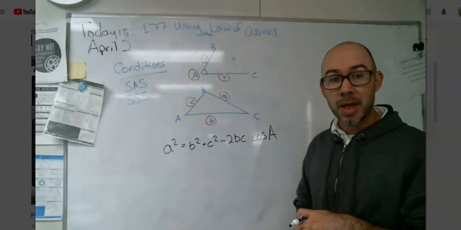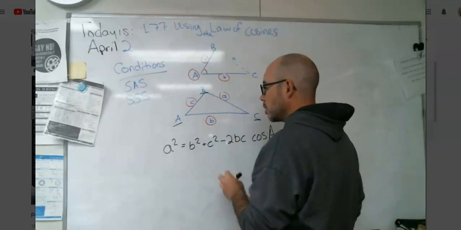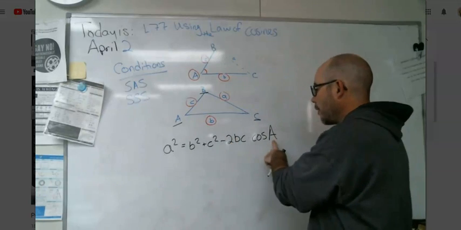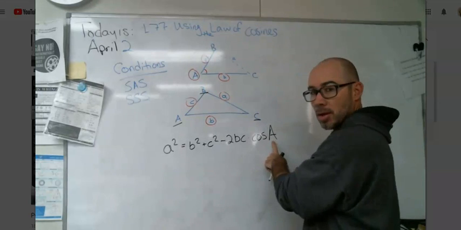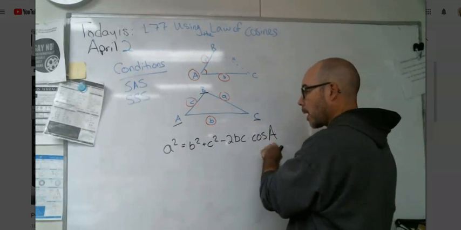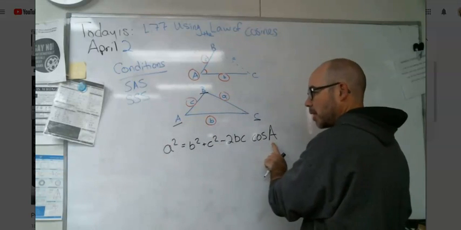If I know all three sides, then the things I have to search for are the angles. So I have this formula where I've been given the three sides, and I need to solve for an angle. I'm just going to start moving things to the other side and solve for this bit right here.